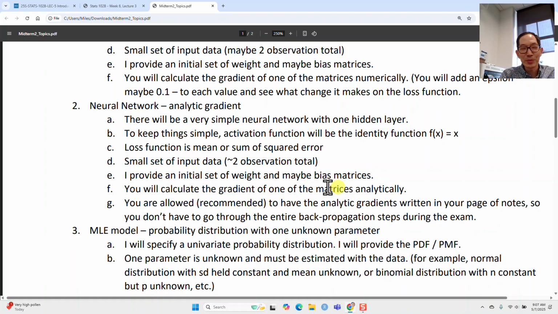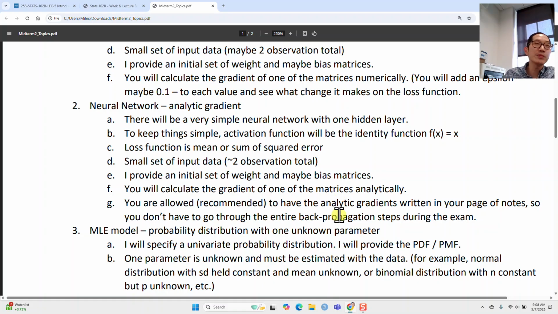So I would recommend, from the homework that you've turned in, you've calculated basically the terms of the analytic gradient. I would include that in your notes, just so you don't have to try to derive it yourself, because that's going to take forever. So have that there, and then you don't have to worry about the backpropagation.